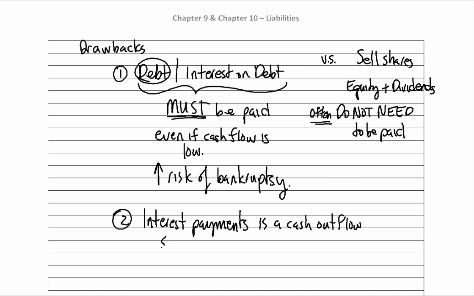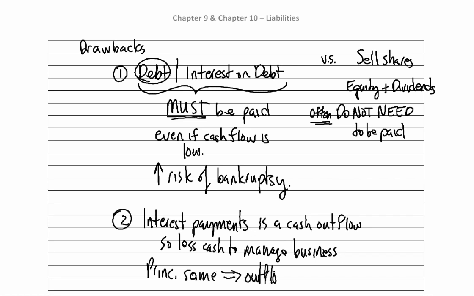So there's less cash to manage your business because it's going to flow out, right? And the principal is the same. There's going to be an outflow of cash. So it's not just that we have to pay it back.